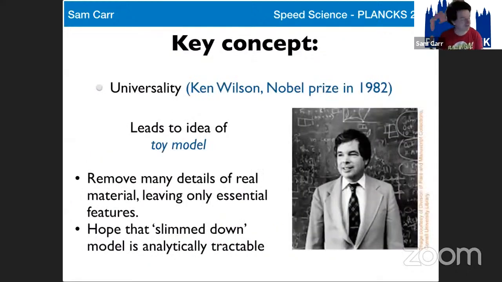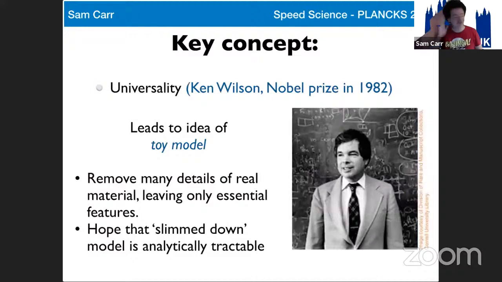And the key concept here is the idea of universality, which won Ken Wilson the Nobel Prize in 1982. And this is again based on ideas of renormalization, which were borrowed from high energy physics. They're used in a slightly different way in condensed matter, but it's all the same maths that we use. There's a wonderful book by Volovik called The Universe in a Helium Droplet.